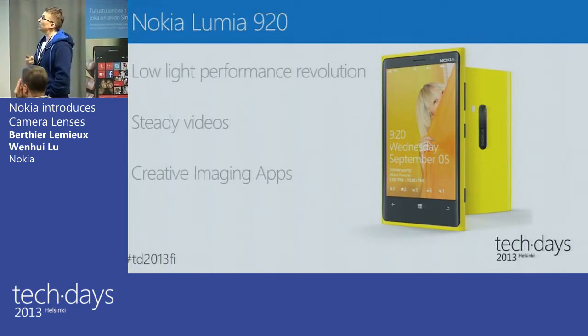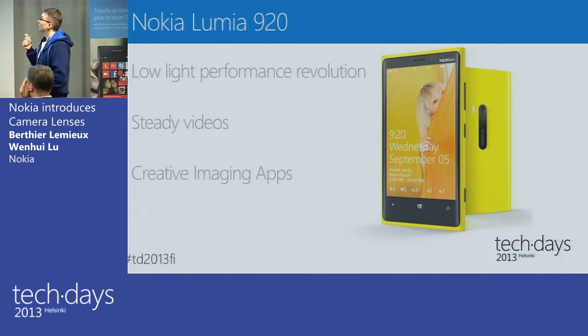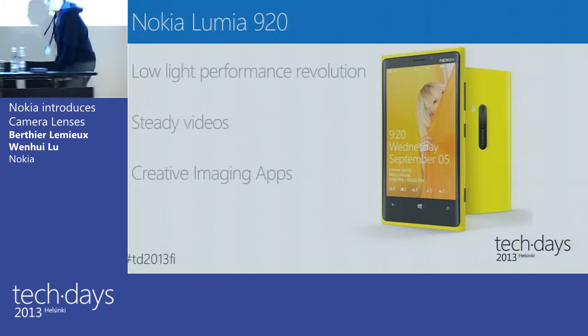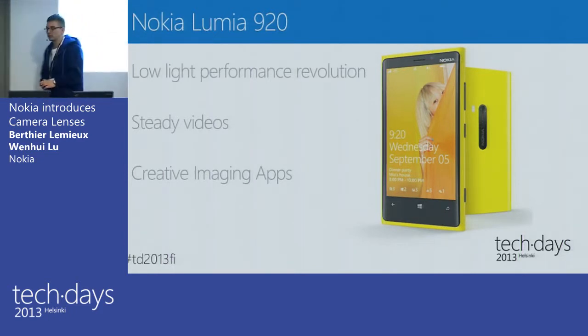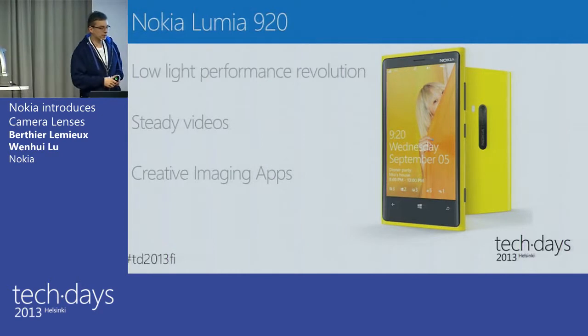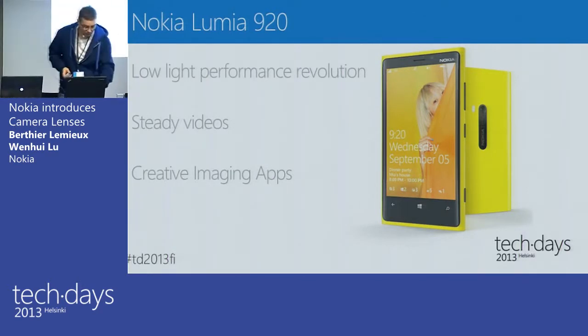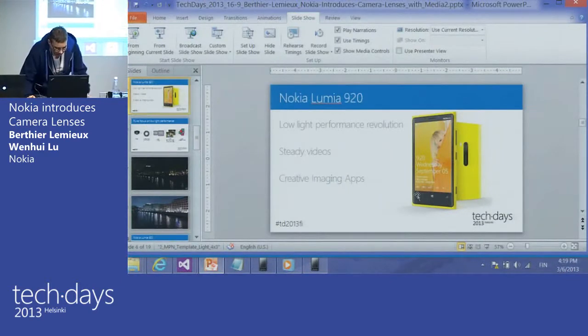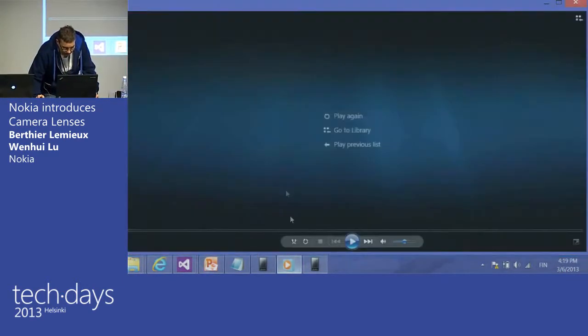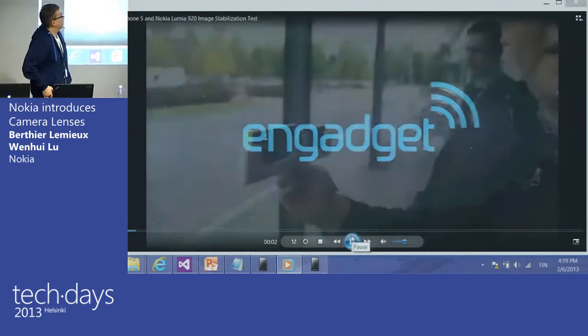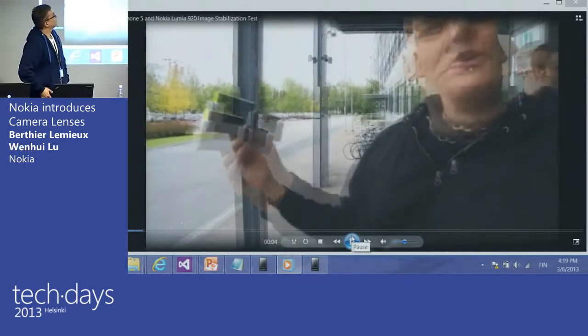Now, this is the Lumia 920, and one of the great features of the Lumia 920 is the optical image stabilization that makes your video recording much more steady. The guys from Engadget came to Tampere just last autumn and shot that video.